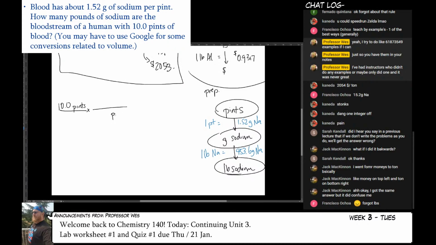And then we'll turn pints into grams of sodium, canceling that out. Oh, we don't use it backwards in this one. Okay, never mind. And then grams of sodium to pounds of sodium. And then we do the numbers. So in a pint of blood, there is 1.52 grams of sodium. And in a pound of sodium, there are 453.6 grams of sodium.